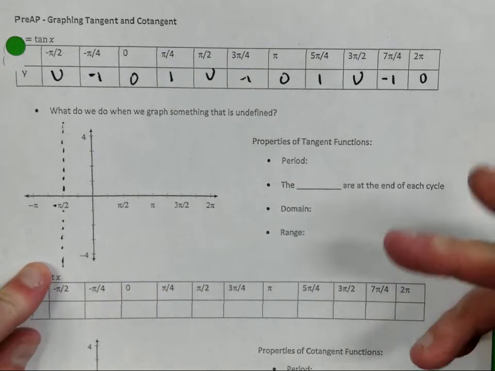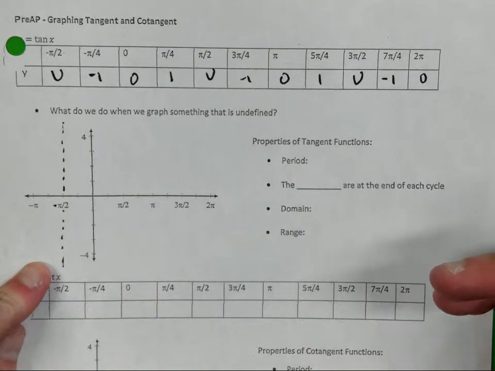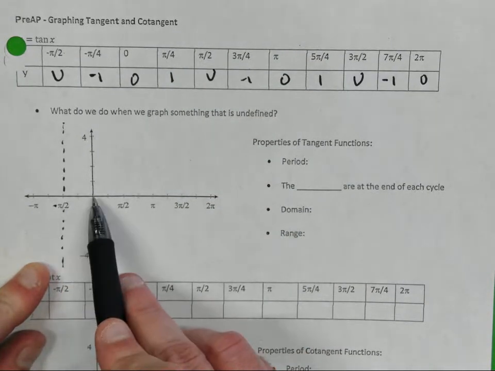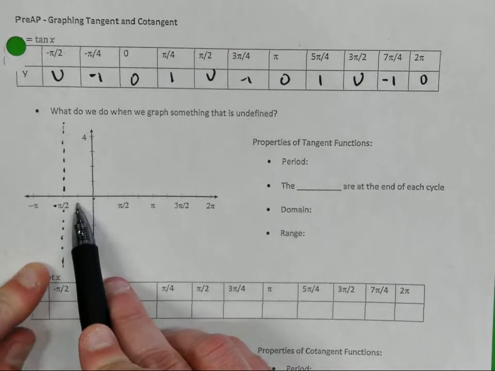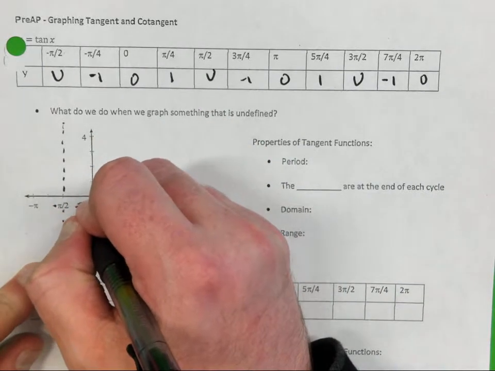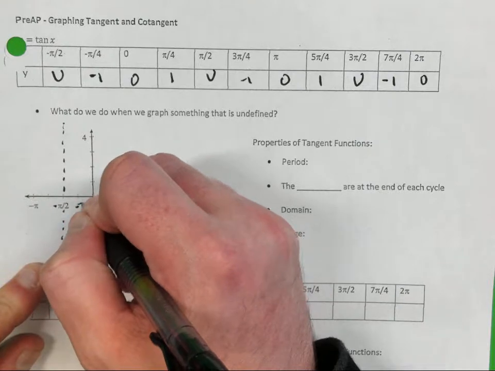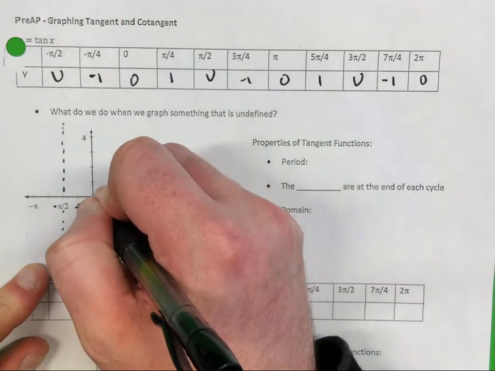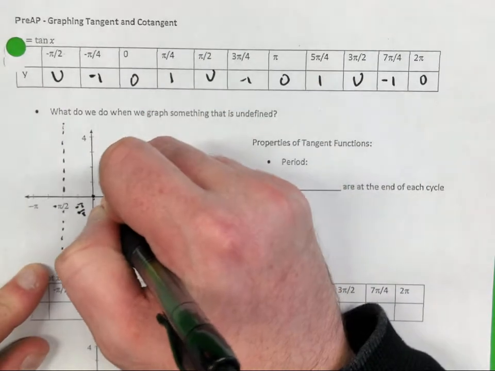Now, you said you don't see where negative pi over 4 is at. Okay, let's use some common sense here. If this is negative 1/2 and this is 0, wouldn't that be in between those? So I'm going to put negative pi over 4 there, and that's going to be negative 1. About right there. 0, 0. Pi over 4 is right here.